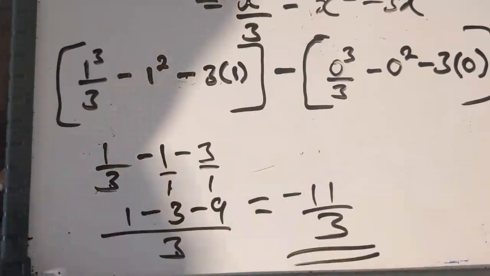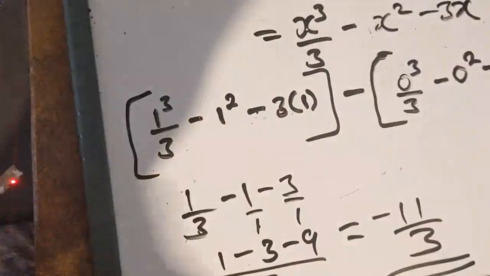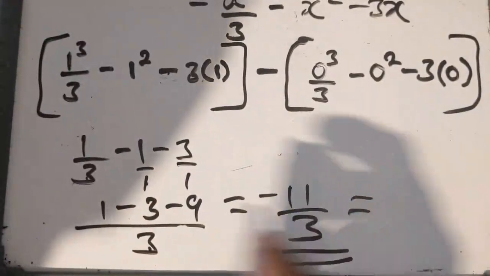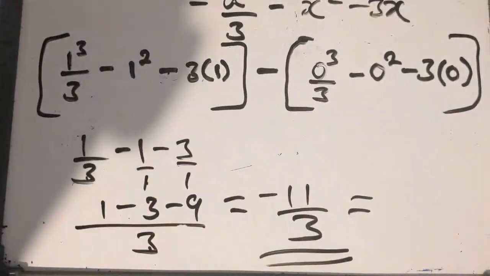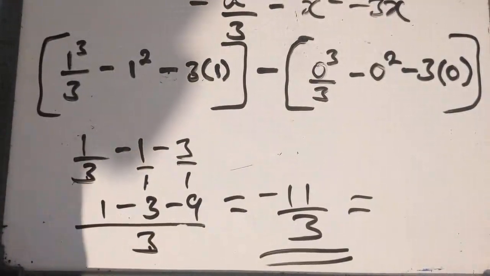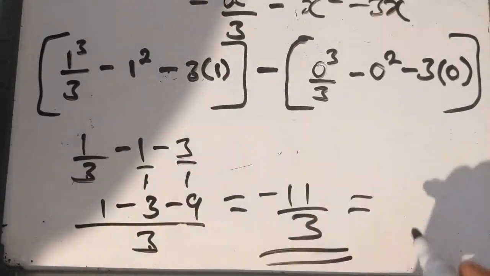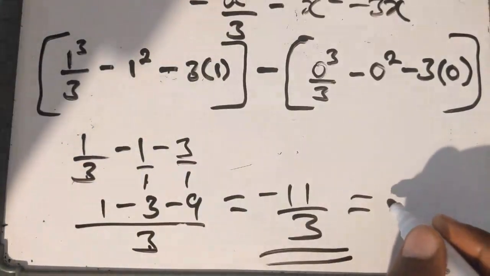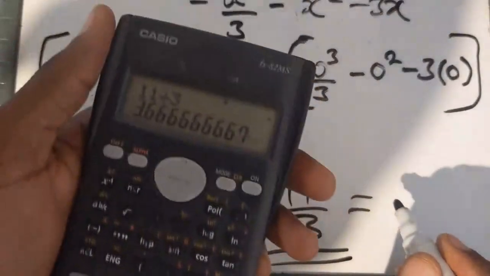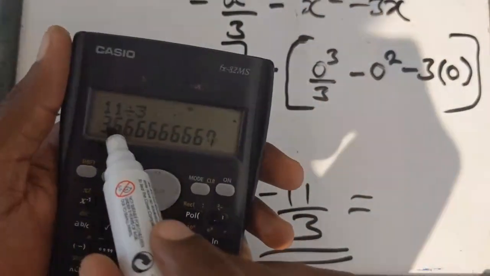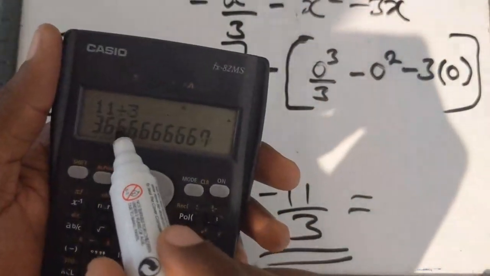This is the answer. If you are using a calculator, you can even say 11 divided by 3. The answer is 3.6. So whenever you are doing this, just round it off to 3 significant figures. 1, 2, 3. 3 important numbers.